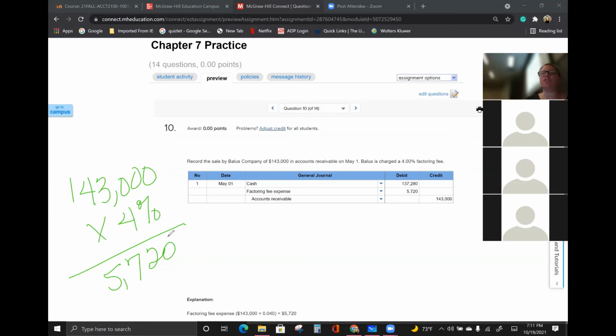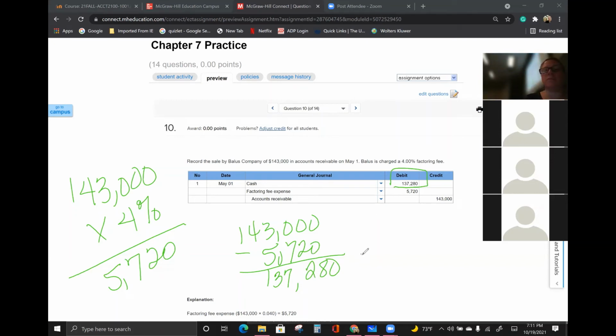So I debit cash, $137,280. That's just taking the $143 less the $57.20, to come up with how much cash I'm going to receive. This is my cash. This is my fee.